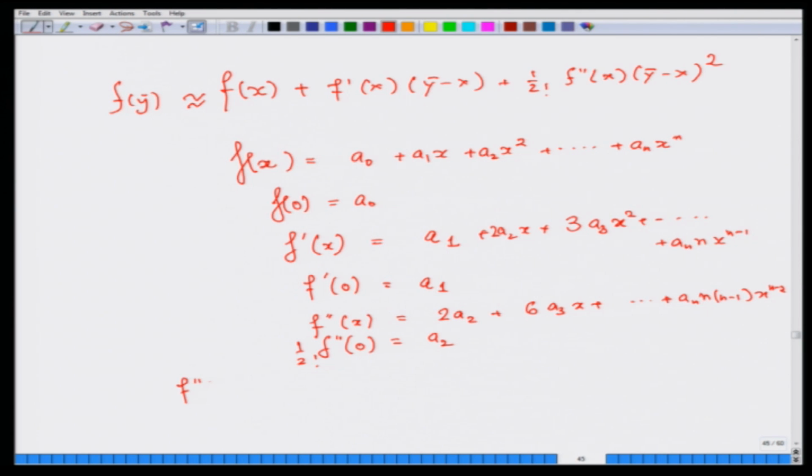Similarly, you try out f triple dash x, which is now 6 a3 plus up to n into n minus 1 into n minus 2 a n x to the n minus 3. Which means the remaining all will have x, so there will be 0. So, f triple dash 0 by 6, which is 1 by factorial 3, is a3.